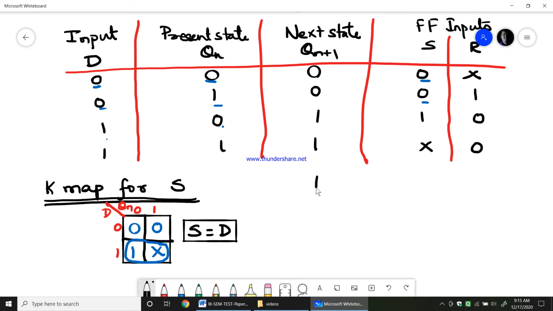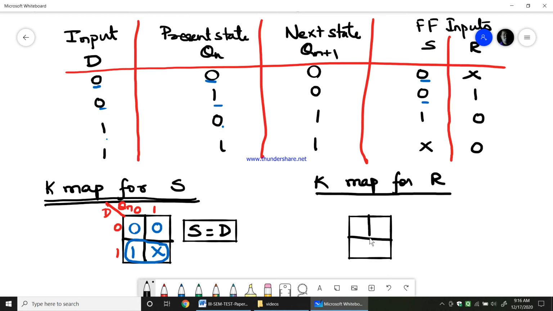Whereas the K-map for R. So write the K-map, again D and Qn, 0, 1, 0, 1. Now for 0 0, R is don't care.